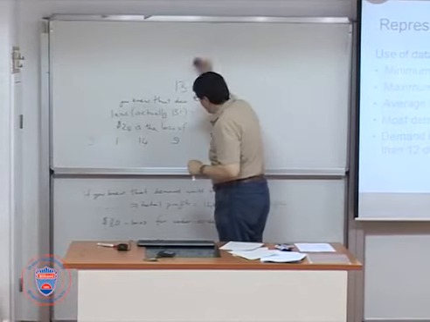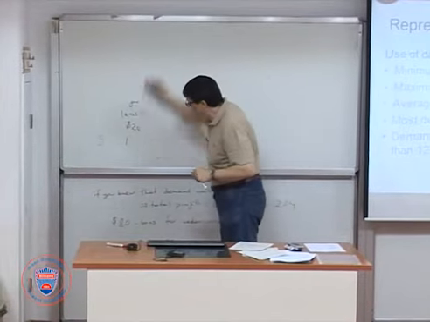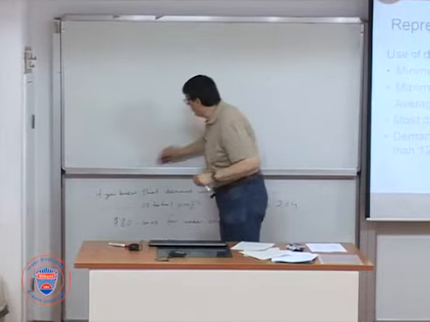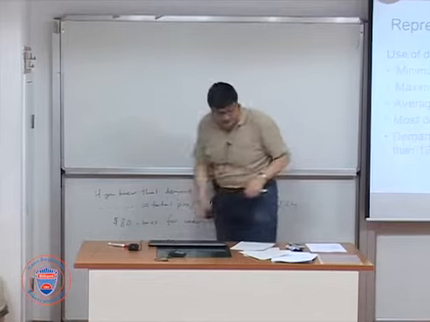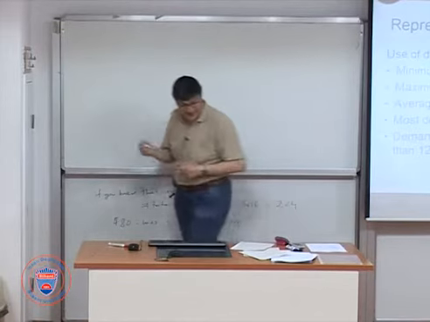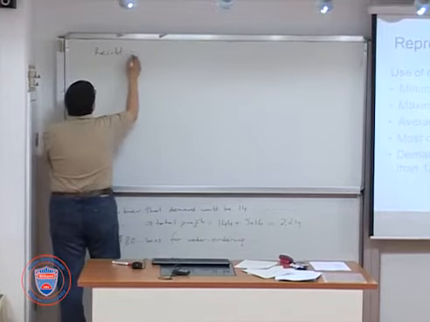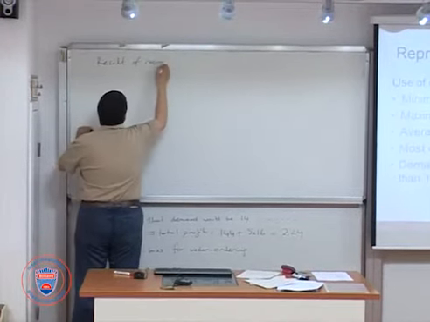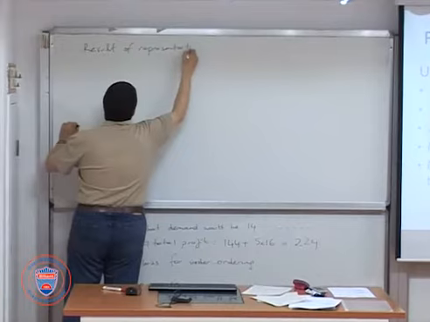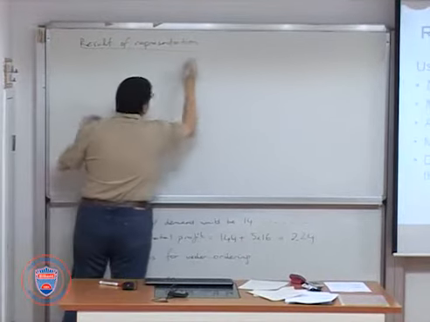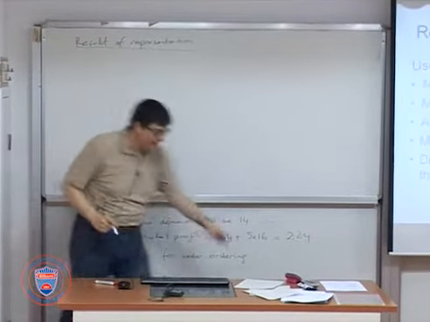So let's say that after some effort, we were able to represent the demand. As a result of this representation, we obtained a function in the following form. And I will explain that function.